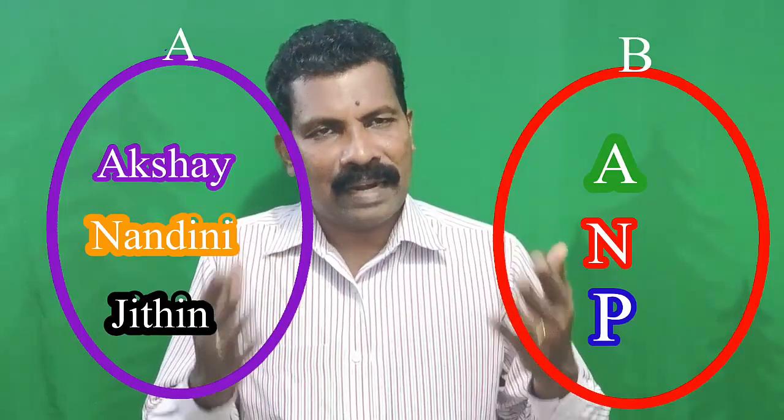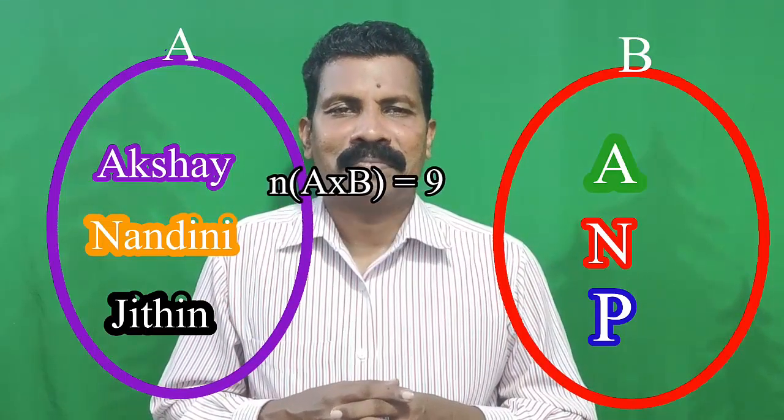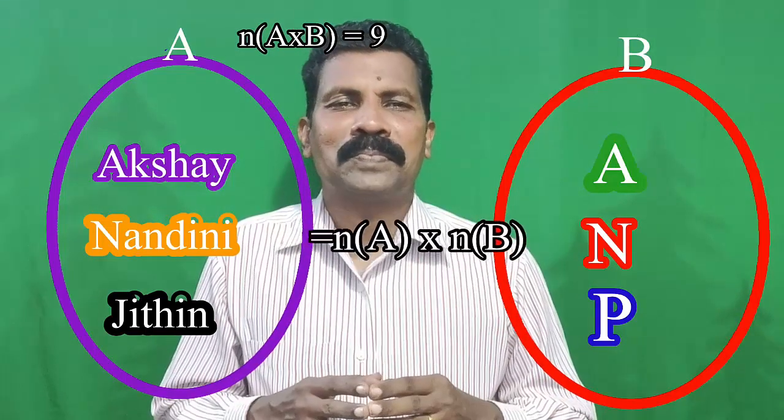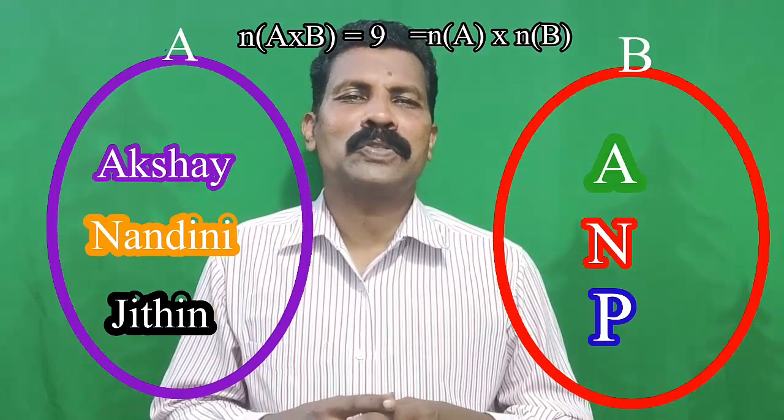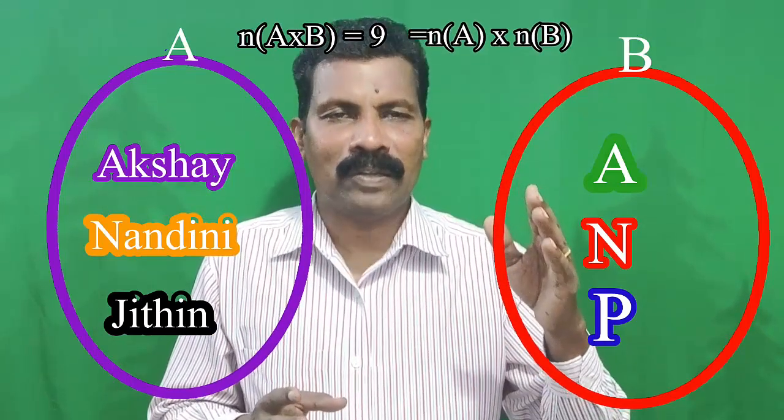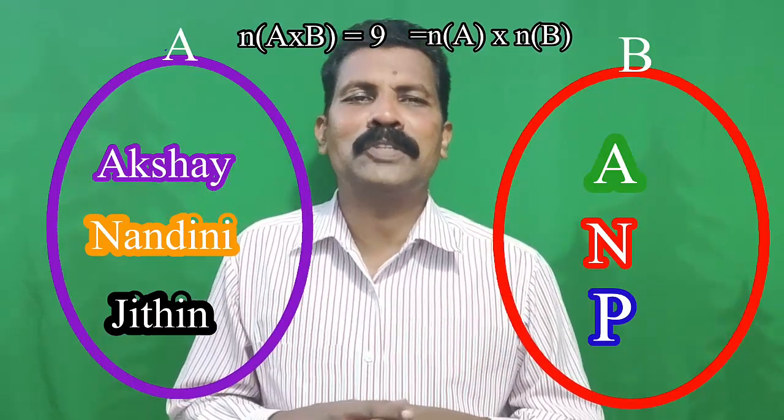There will be 9 elements because capital A has 3 elements and capital B also has 3 elements.